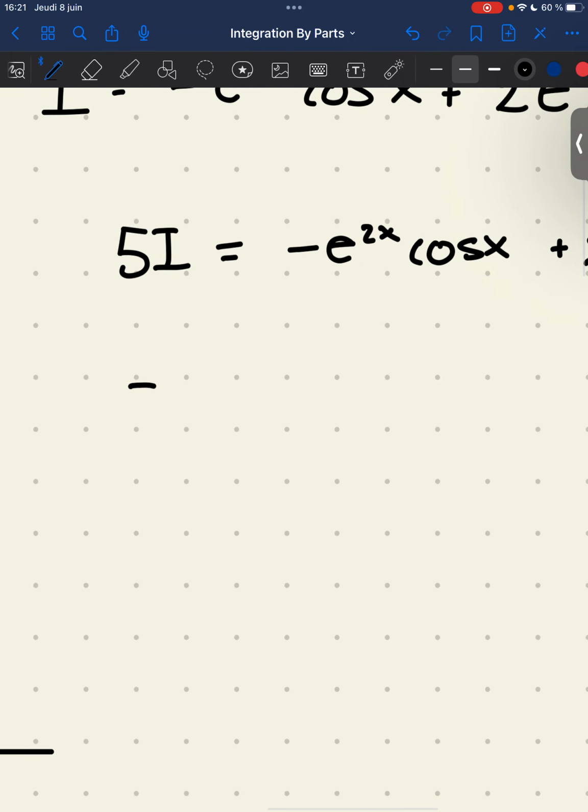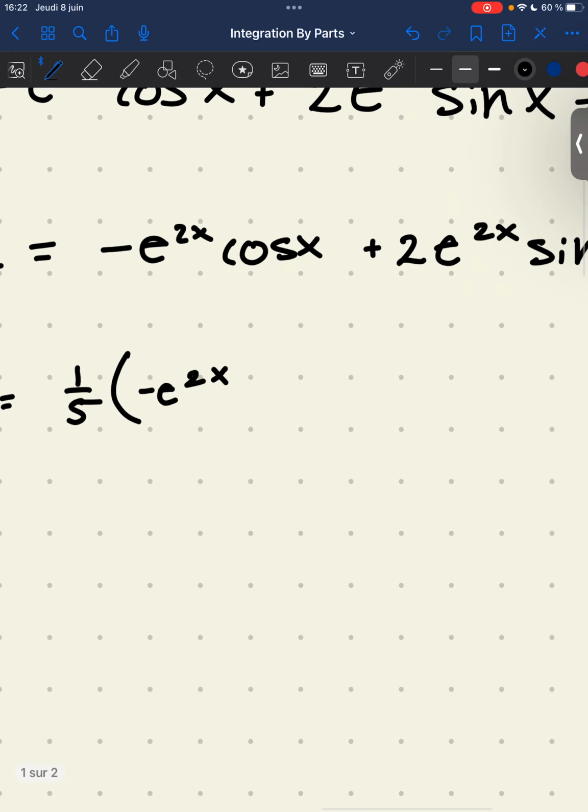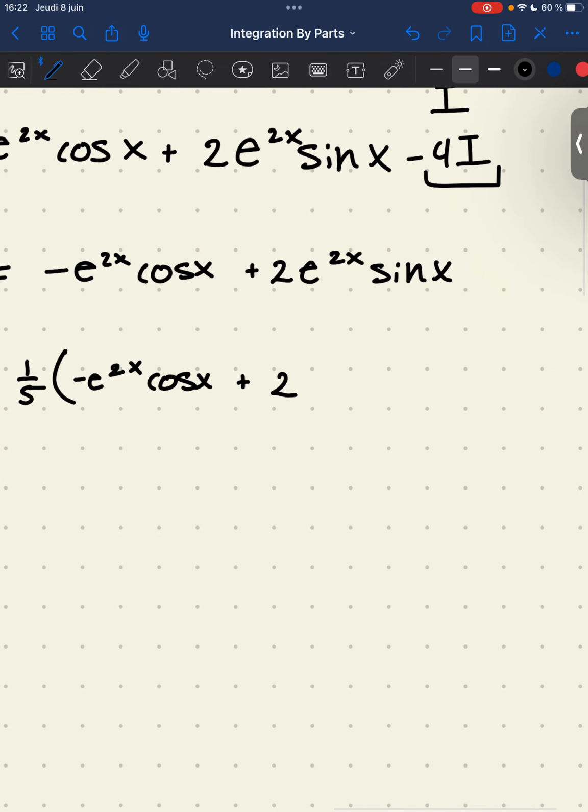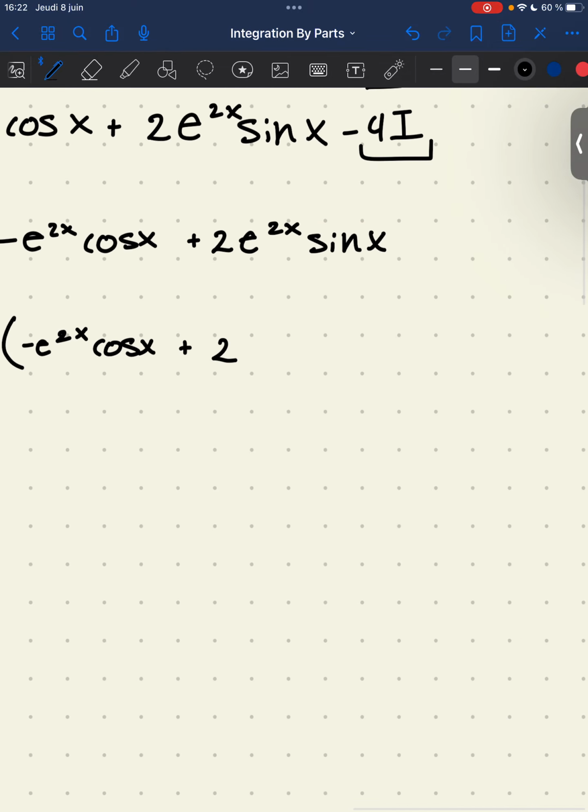So we just get I is equal to 1 over 5, negative e to the 2x cosine of x plus 2 e to the 2x sine x plus c. Let me just double check this.